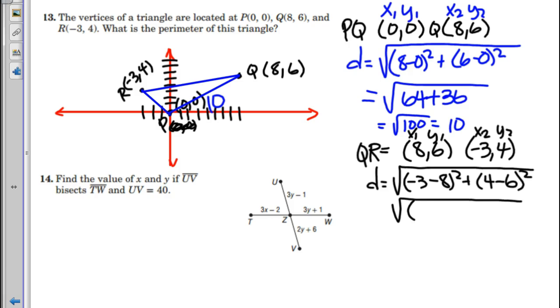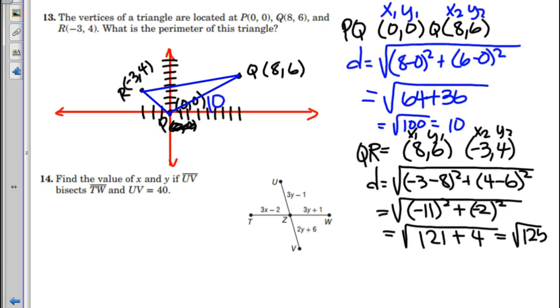So I have -11 squared plus -2 squared, which would be the square root. -11 times -11 is positive 121, and -2 times -2 is a positive 4. So I have the square root of 125, which, by the way, this is 25 times 5. 25 is a perfect square, so I can take the 5 out. So that's 5 square roots of 5.